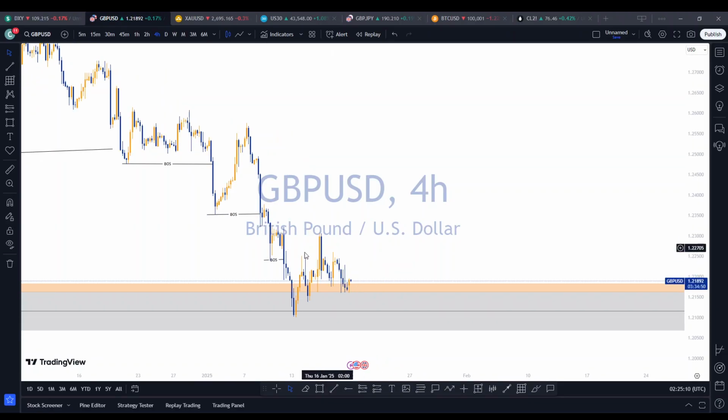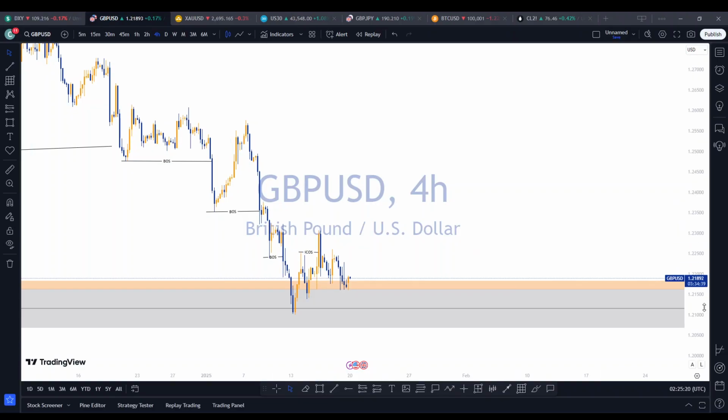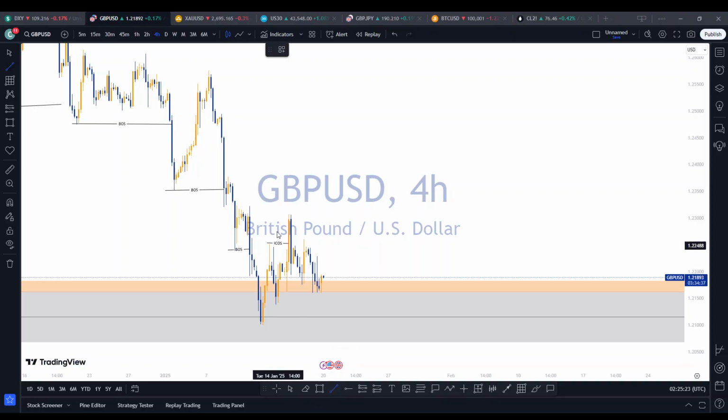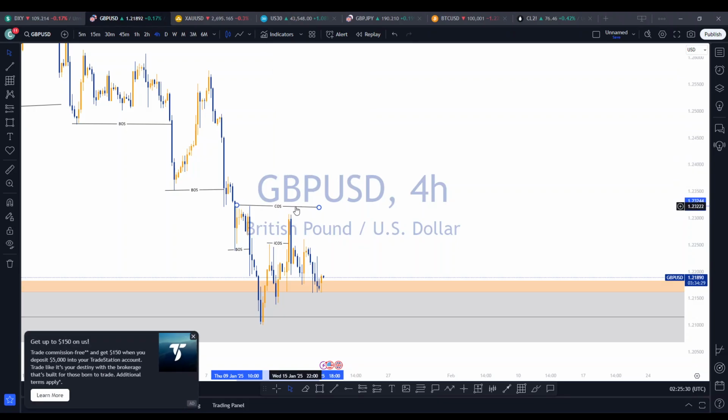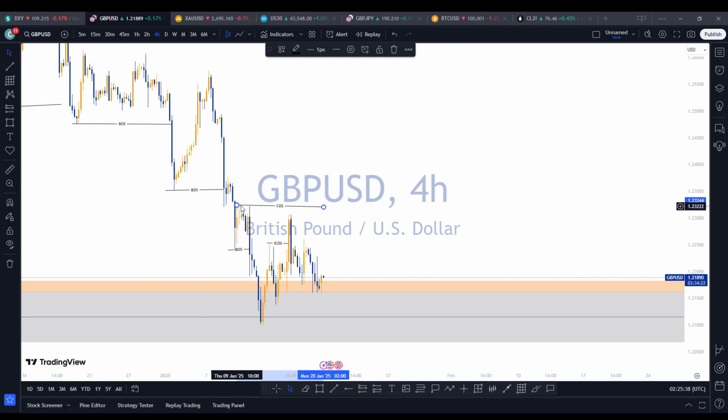So based on the current price, we have a mini change of structure, but for an overall change of structure, I want us to break this previous high right here. That would be the major break of structure. And I want the market to sort of break here, then continue to ride.